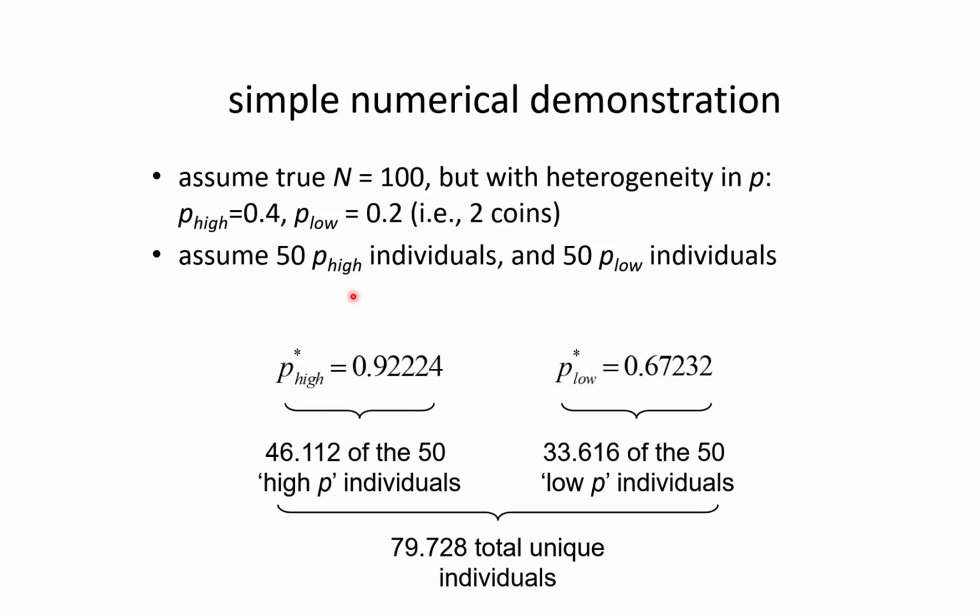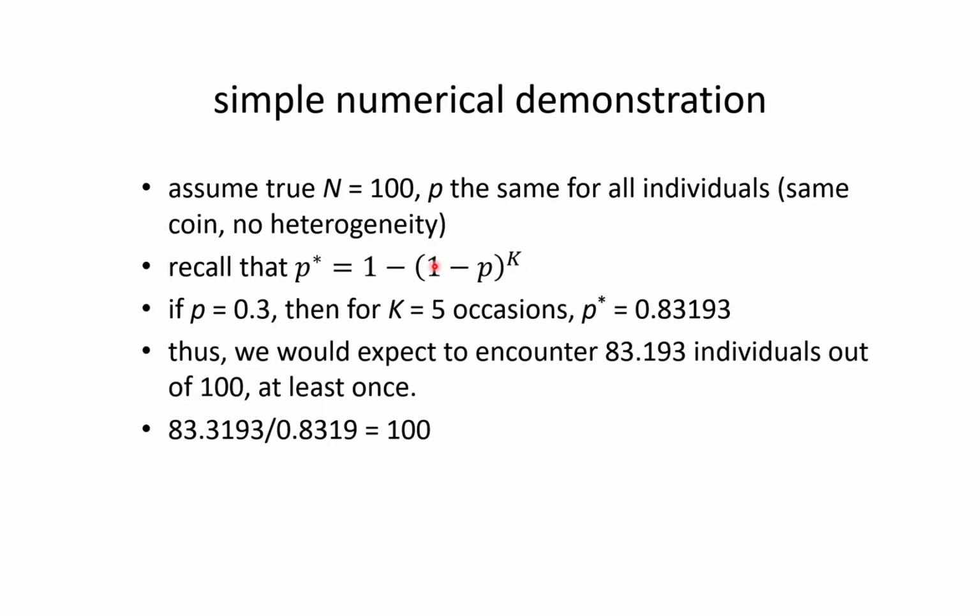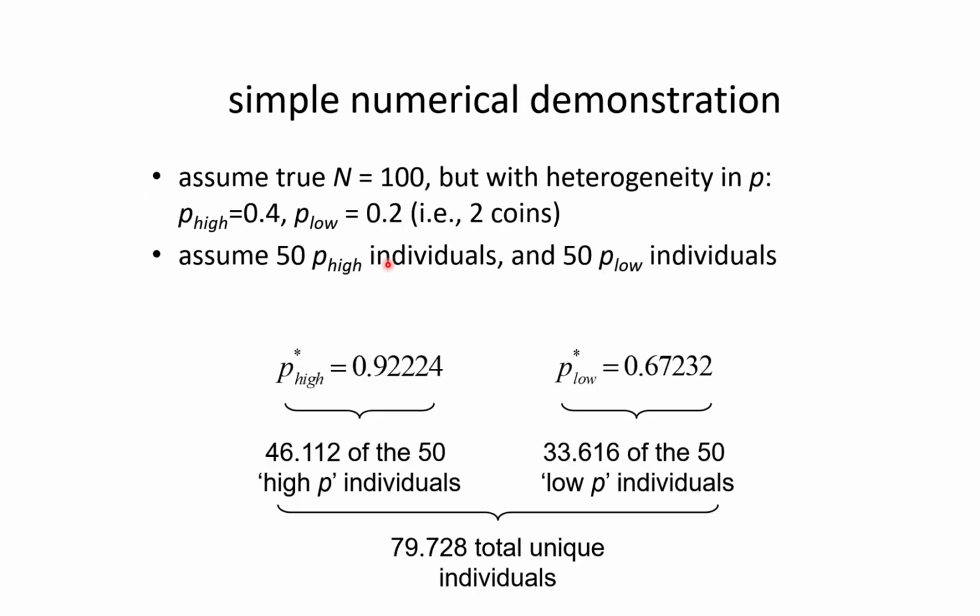Okay, so let's assume to begin with that our population consists of 50 high probability individuals and 50 low probability individuals. So our sample size is 100. The true population size is 100. All right, so what would P star for the high individuals be? We simply take 0.4 and put it into our equation for P star, with K still 5 occasions.